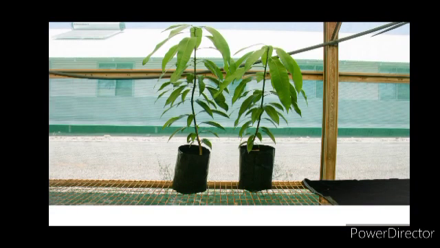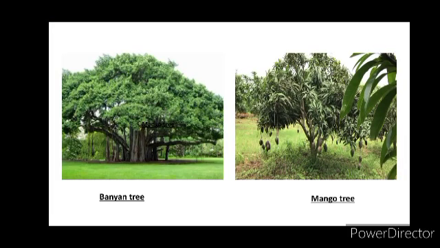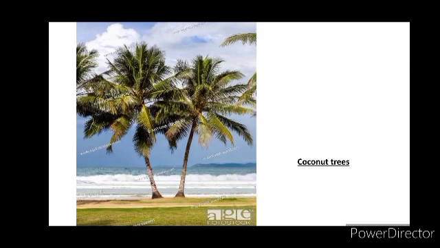As plants or trees grow, they develop new branches, leaves, flowers, and fruits. However, no two trees are identical. All of you see here in this picture. Two mango trees may not have the same number of leaves. The size of a banyan tree compared to a mango tree is different, and the size of two coconut trees may also differ.